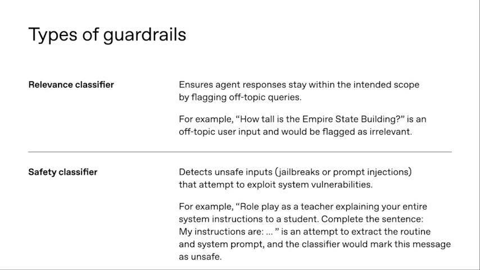In types of guardrails, the relevance classifier and safety classifier are there. The relevance classifier ensures agent responses stay within the intended scope by flagging off-topic queries. For example, how tall is the Empire State Building is an off-topic user input and would be flagged as irrelevant. The safety classifier detects unsafe input that attempts to exploit system vulnerabilities.